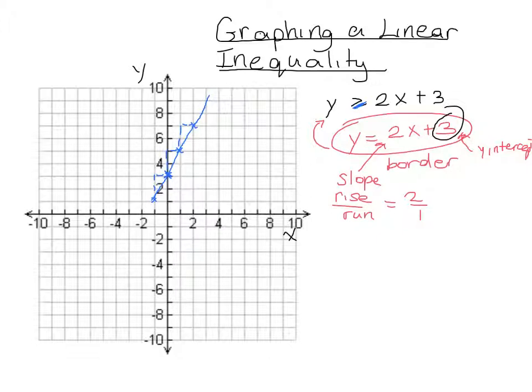So all of the solutions are higher than the line that we just drew, as well as on the line. And we can shade that as the solutions of our inequality, y is greater than or equal to 2x plus 3.